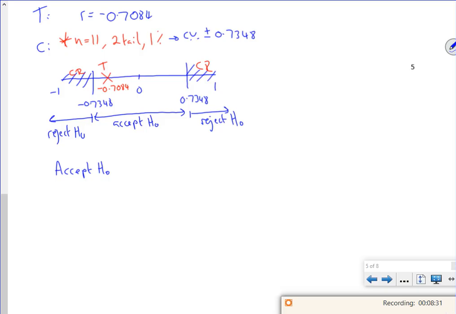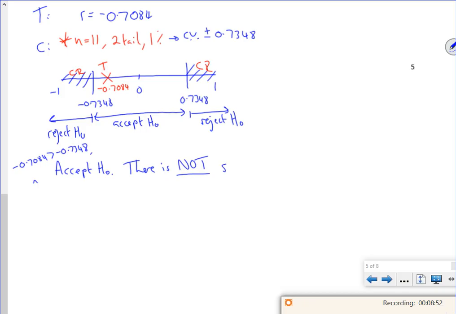So what I could do is add in here that minus 0.7084 is greater than minus 0.7348, and it matches what we did in the last one. So we accept H0.